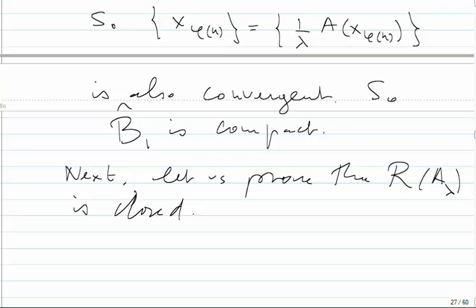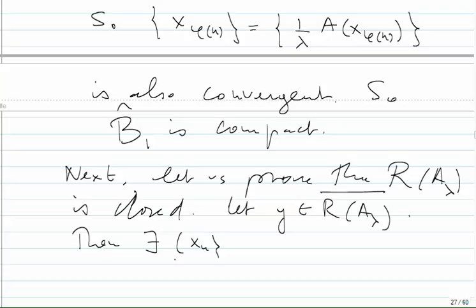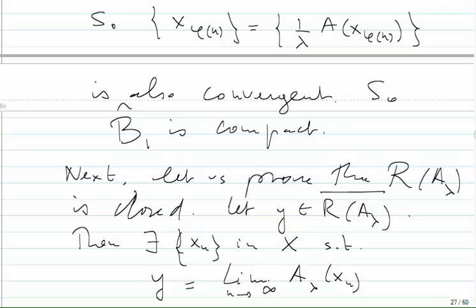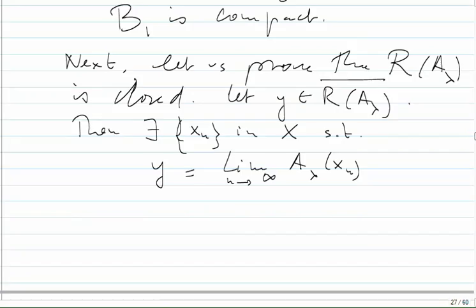Now let us prove this. Let y belong to the closure of R(A_lambda). Okay. And then there exists x_n in X such that y is the limit of A_lambda of x_n. Okay.